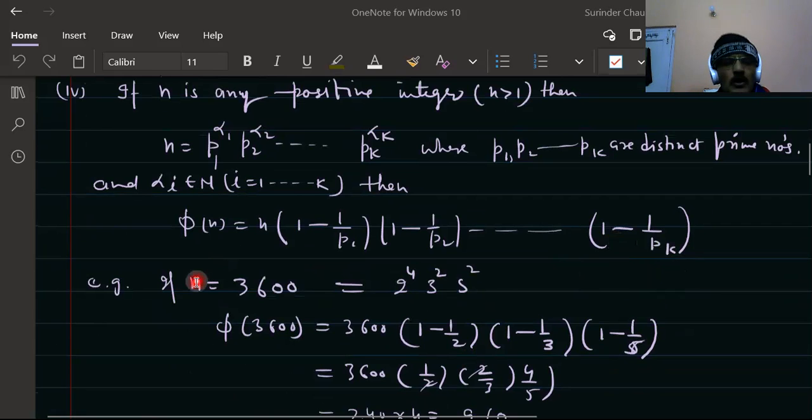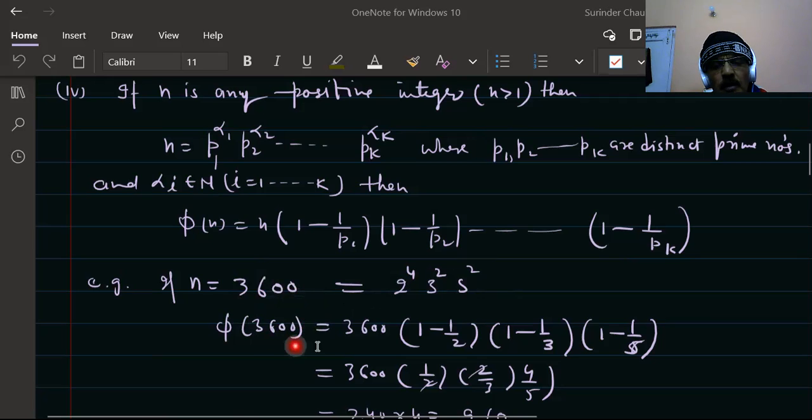Example: suppose n is equal to 3600. If we factorize it into prime factors, we get 2 to the power 4 into 3 to the power 2 into 5 to the power 2. The product will be equal to 3600. Now, how many numbers less than 3600 are relatively prime to 3600?